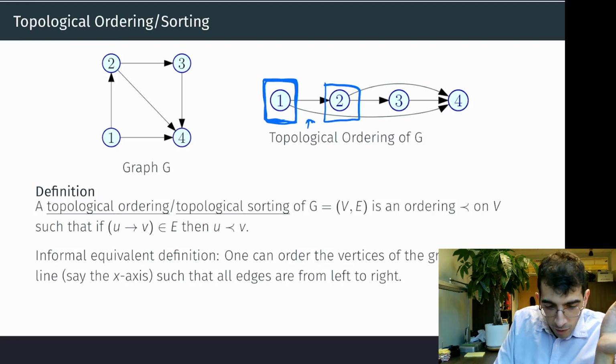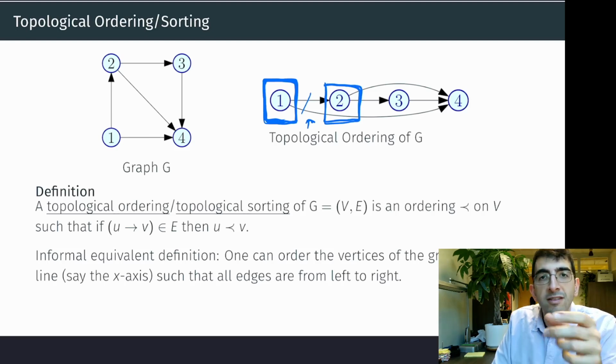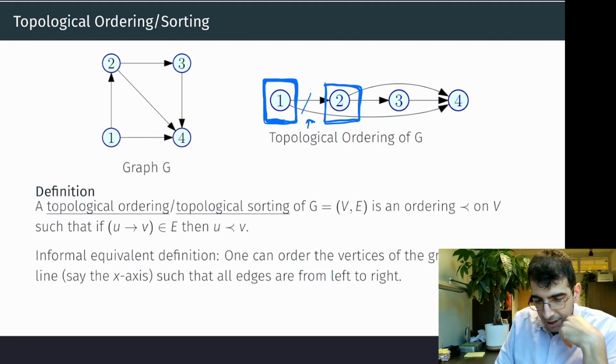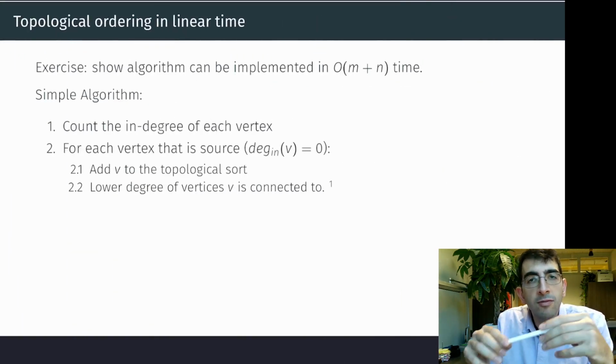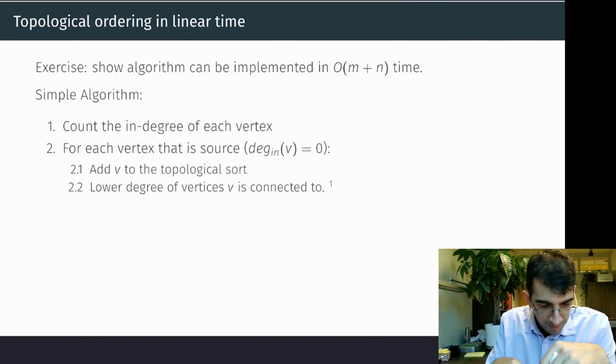So once we put this vertex into the topological ordering, what we could do is remove these edges and allow our algorithm to place this vertex next in our topological ordering. That is the idea behind finding the topological ordering using the in-degree of vertices.